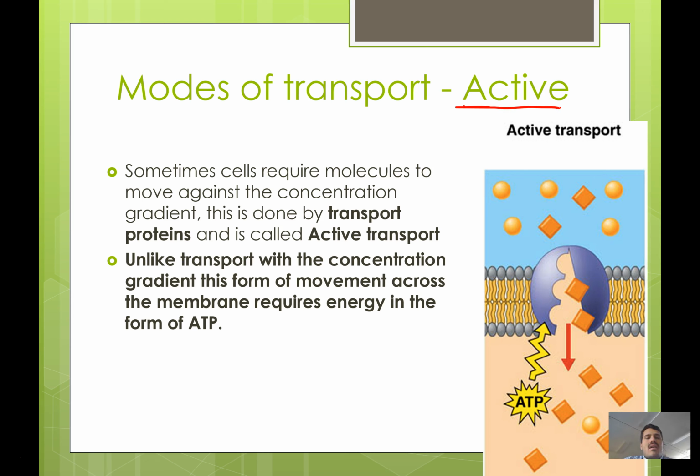Okay? And how this is done is by transport proteins that just grab that molecule, and we provide some ATP, and that ATP forces those transport proteins to push those molecules against the concentration gradient. Okay? So that's pretty much plasma membranes.